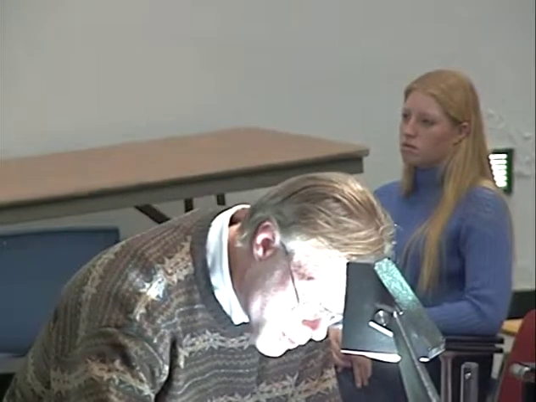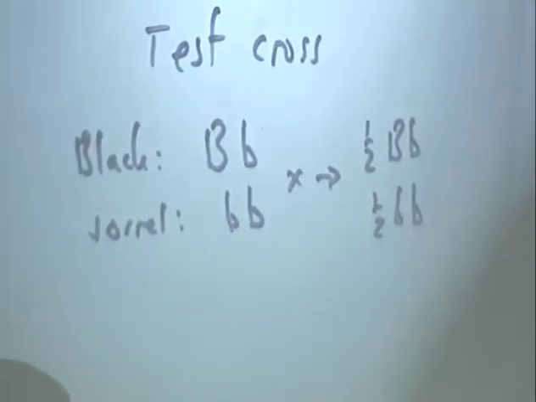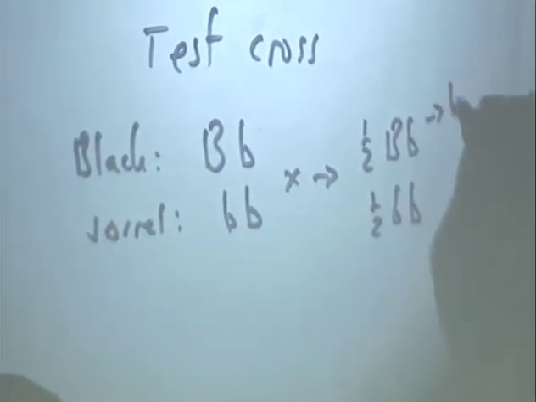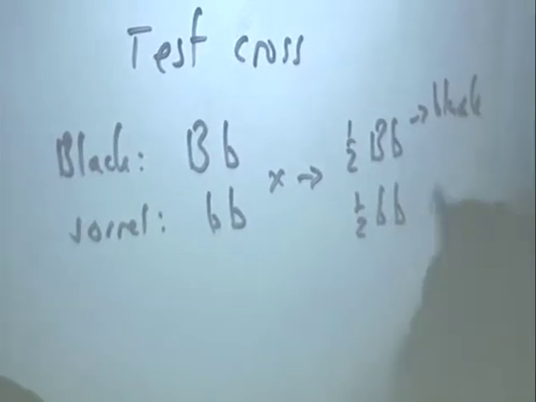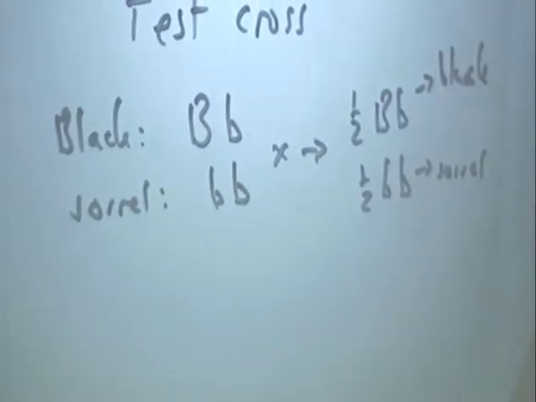The sorrel are all little b, little b. So when you cross those two together, you expect 1/2 big B, little b's and 1/2 little b, little b's. Well, the big B, little b's end up being black. The little b, little b's are sorrels. Okay?